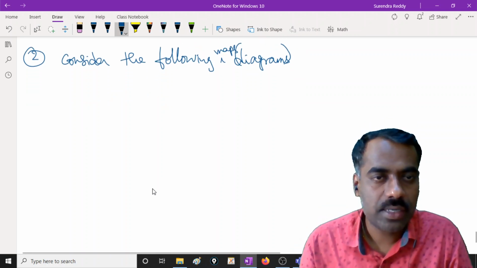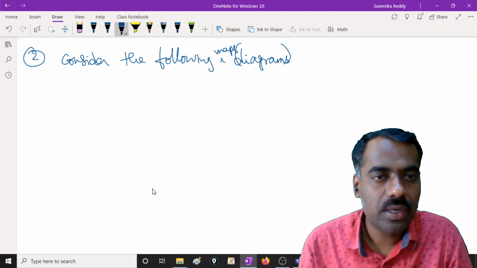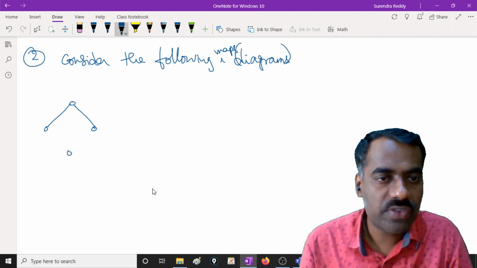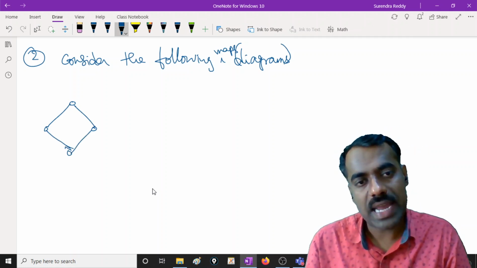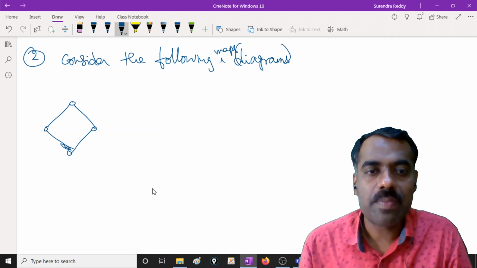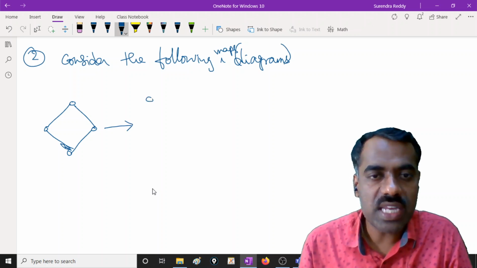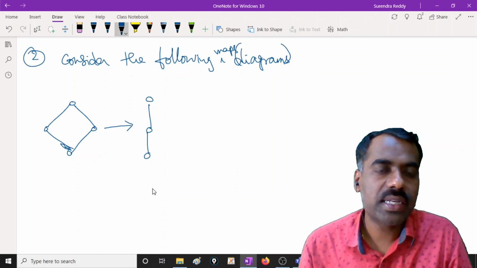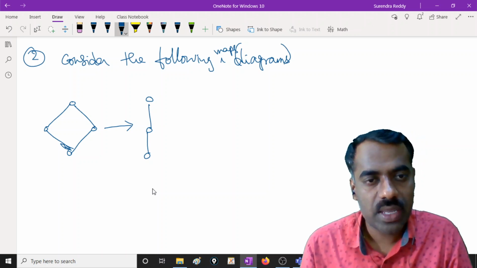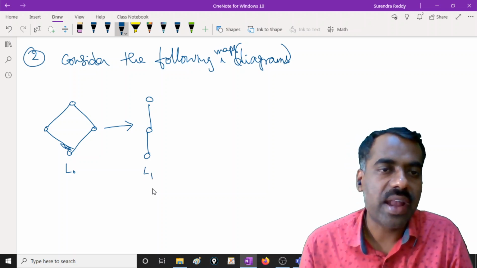My diagrams are very poor, but let's draw it. We have a 4-element lattice, and we are mapping this to a 3-element chain, in the following way. You can call this L0 and this L1. How are you mapping?